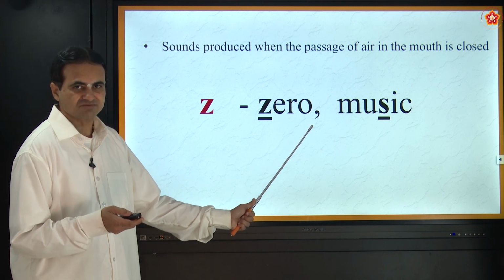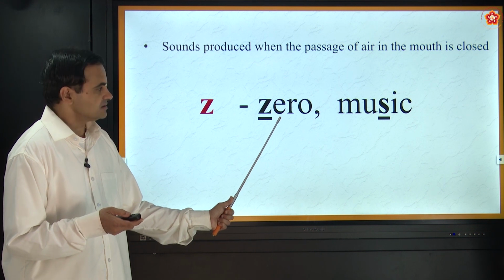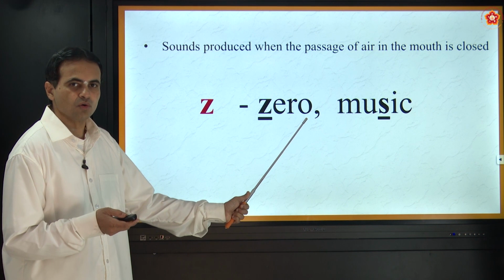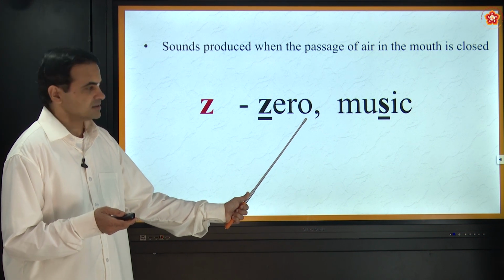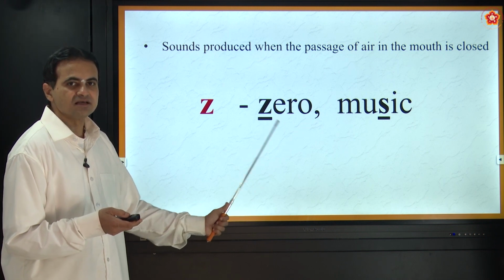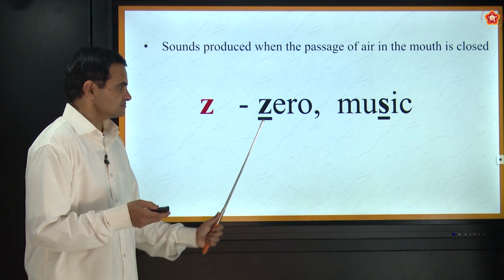So there are two mixed vowels here actually. Instead of saying ze, we should pronounce it as Zia, and instead of saying O, we should say Au. So two mixed vowels, Zia-rau.